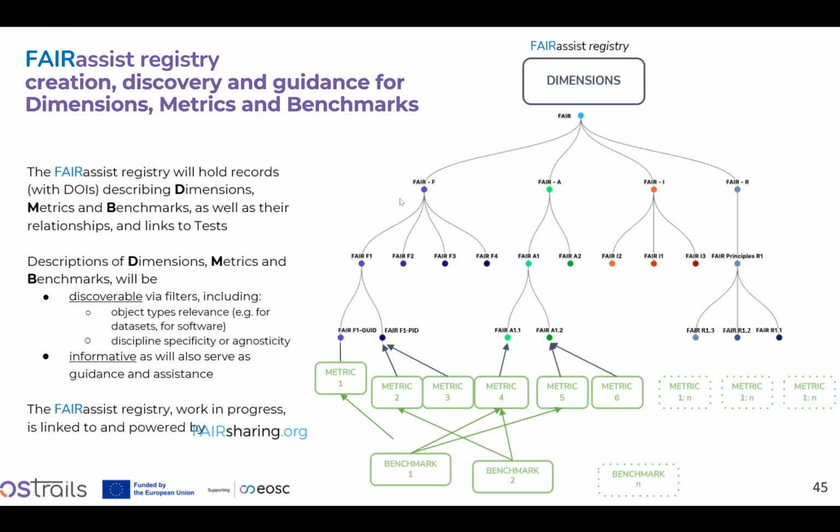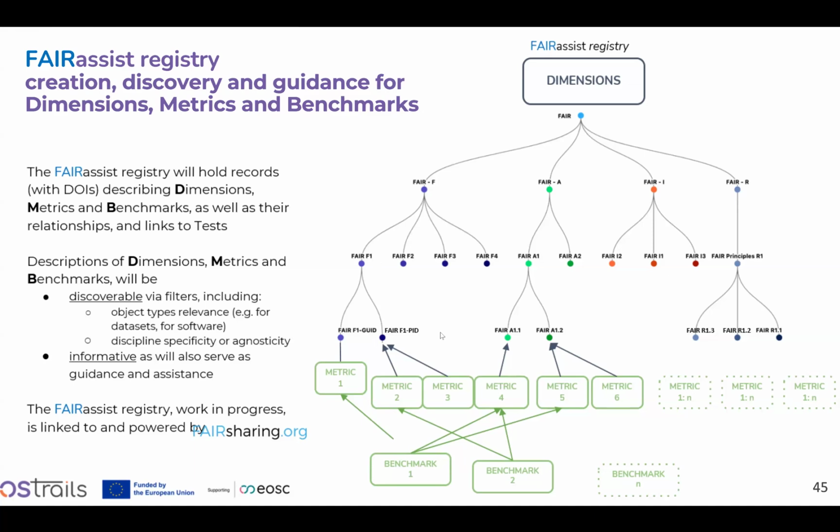Dimensions like FAIR, sub-dimensions like the FAIR Fs, the FAIR As, and then below that, FAIR principal F1, FAIR principal F2. Even the FAIR principles themselves are sometimes multifaceted, so you can have, again, conceptual level dimensions where you are only interested in the resolvability and not the accessibility, not the idea itself, and so on.